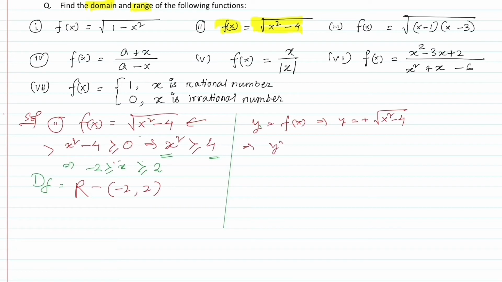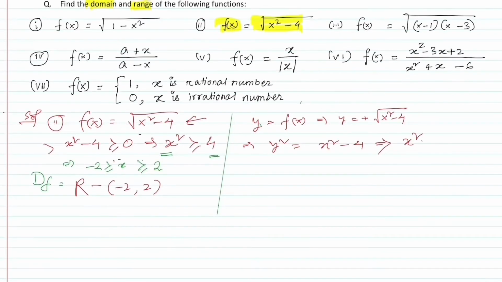So squaring both sides, we get y square is equal to x square minus 4, which implies x square is equal to y square plus 4, and again it implies x is equal to plus minus root over y square plus 4.